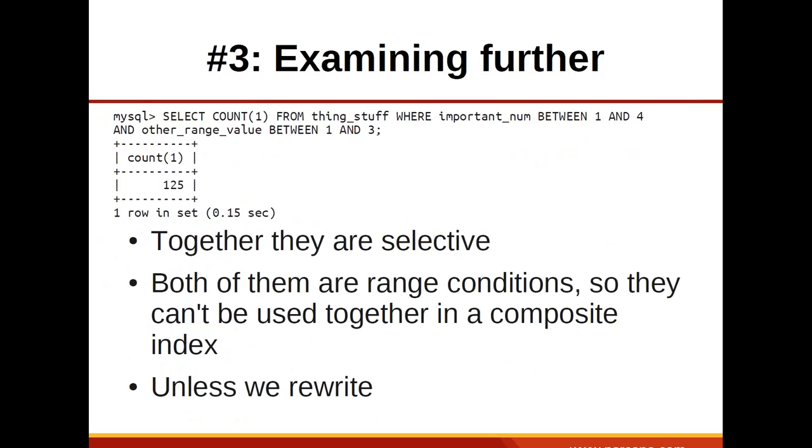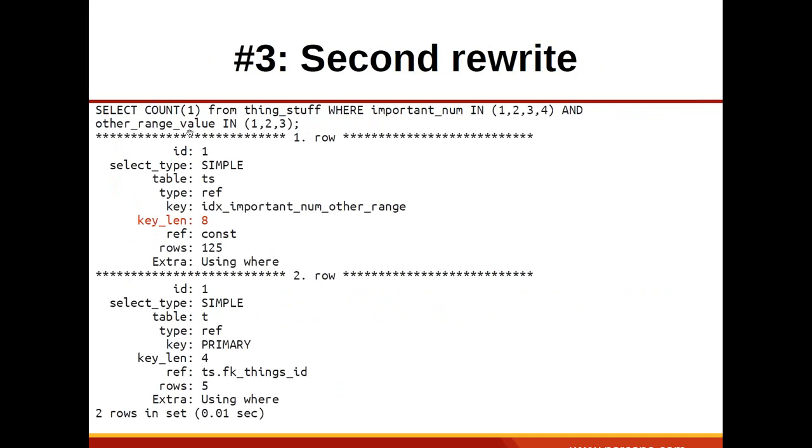So how filtering are they together? Together they only return 100 records. So these two conditions together are really selective. Both of them are range conditions, so they can't be used together in a composite index unless we rewrite. With this example, I wanted to show you how you can rewrite a range condition to a non-range condition query.